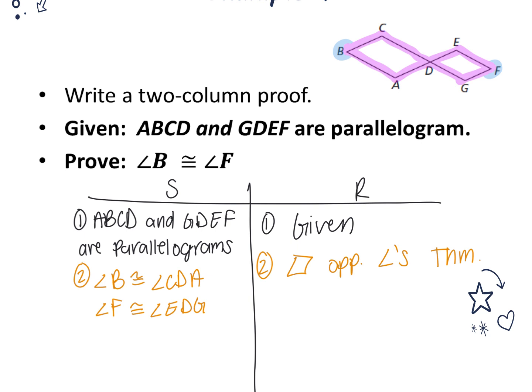That's telling me that this angle is congruent to this angle, and this angle is congruent to this angle. I can't just jump in right away and say vertical angles, because I need to have some way to connect B and F. So now I can state vertical angles.